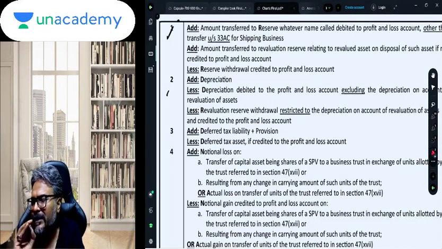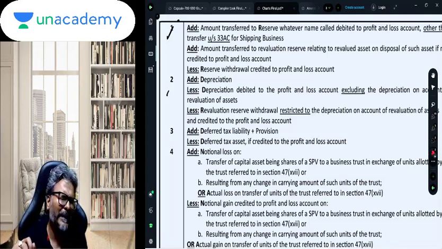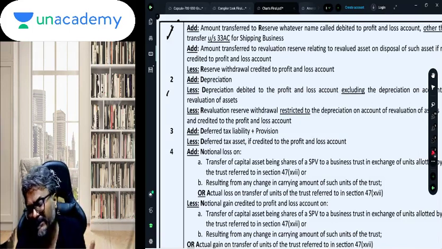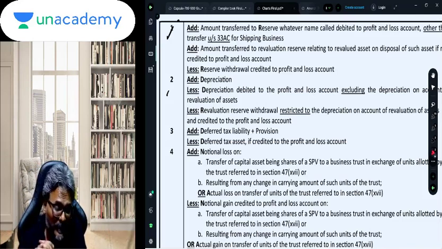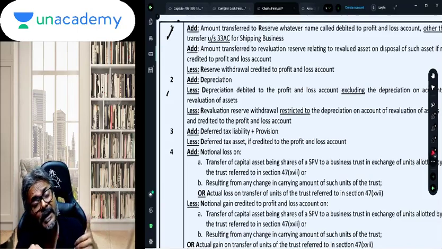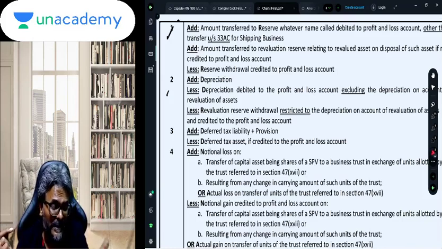If the question says that there is a revaluation that has taken place on the asset, then the presentation would be like this: first you please add back the entire depreciation amount, because this depreciation amount is on the revalued portion also, and thereafter you will reduce the depreciation as per the books but without revaluation.